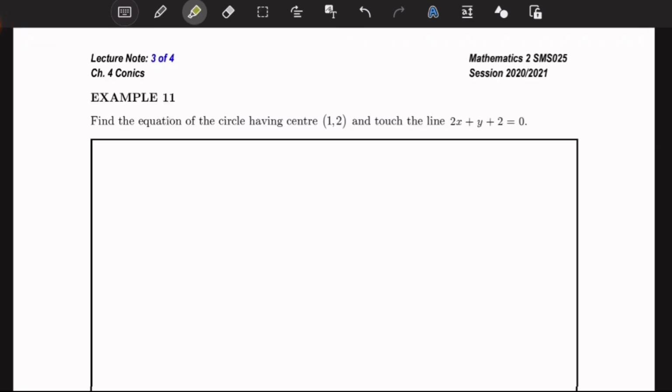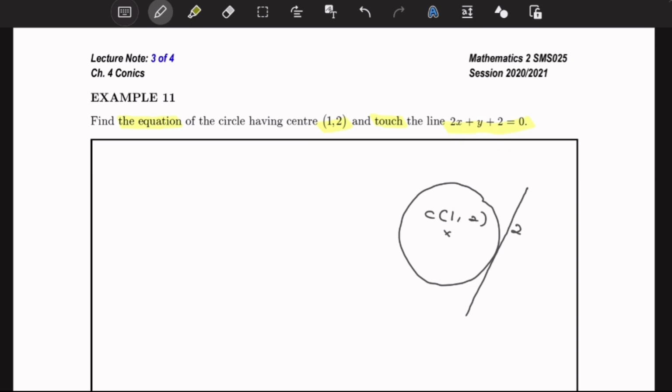Example 11. Find the equation of the circle having center (1, 2) and touching the line 2x plus y plus 2 equal to 0. So let's sketch. So we have a circle with center C, coordinate (1, 2), and then there's a line touching this circle.